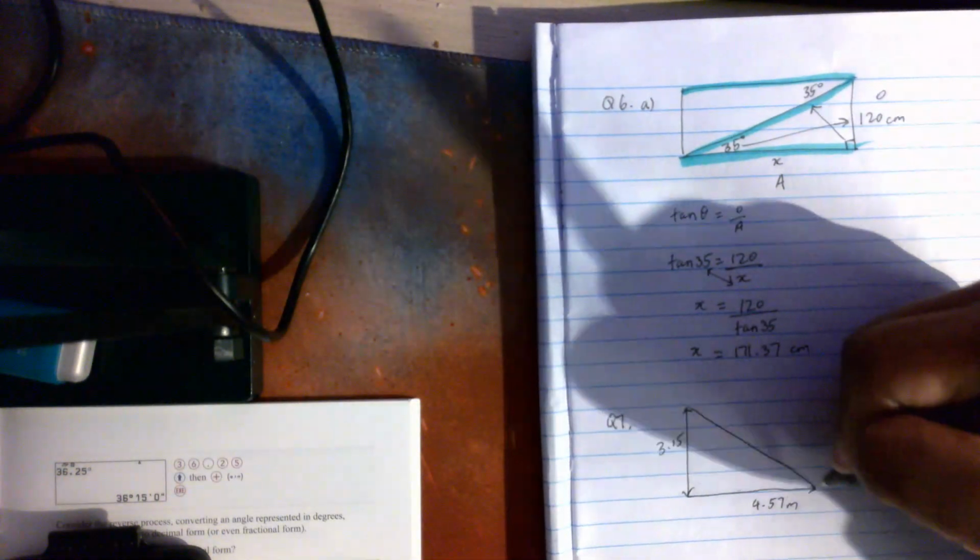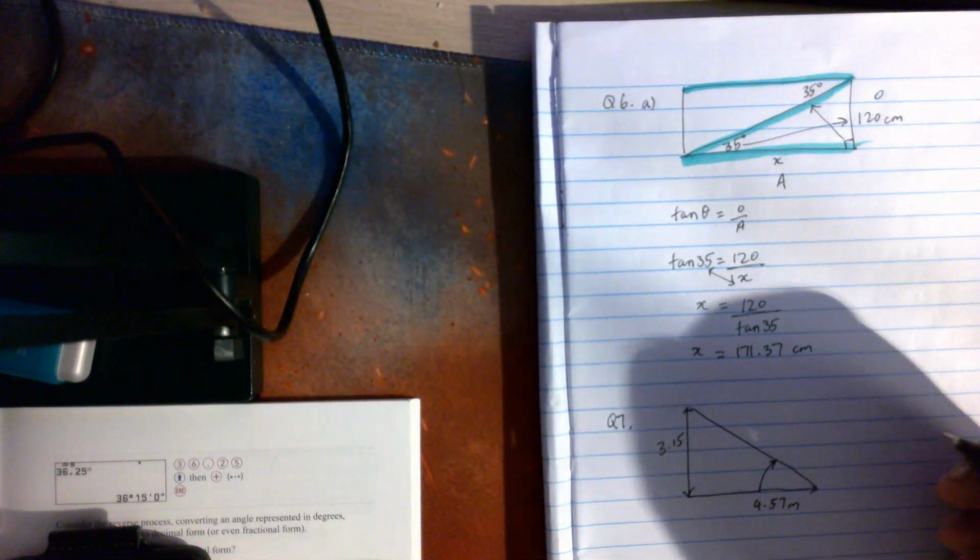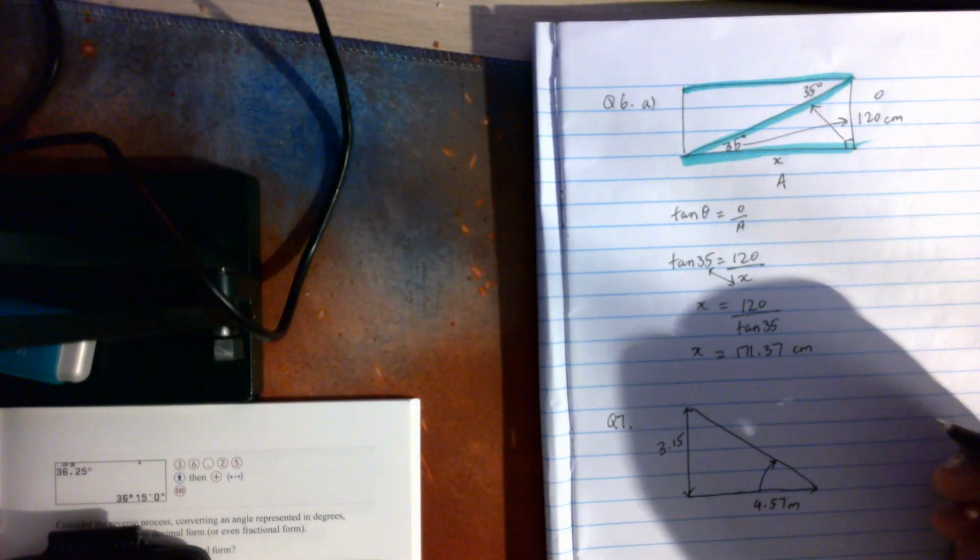Calculate the angle of elevation from both James and Kobe. So angle of elevation is always from the horizontal going up. So we need to work out what that angle of elevation is. So theta. Here Kobe and James's heights won't matter because I'm just working out the angle.